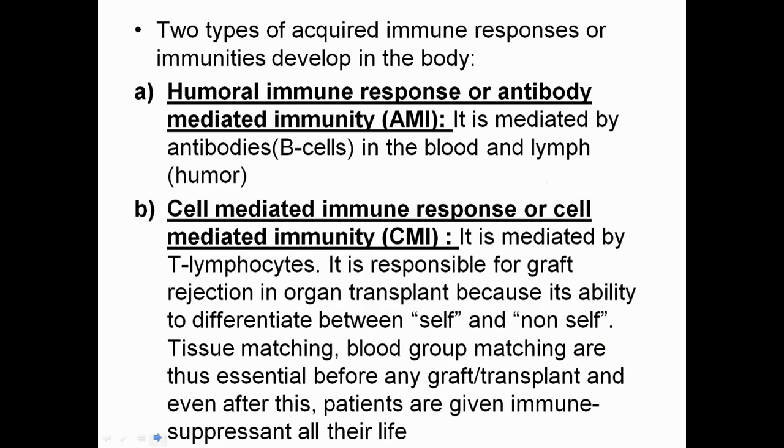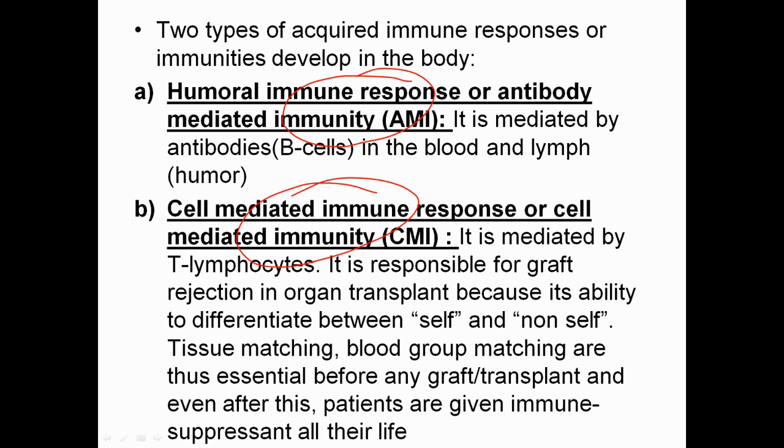Now come to the two types of acquired immunity, that is humoral and cell mediated. Humoral, as the word suggests, you have discussed in the case of the eye, we have the aqueous chamber, vitreous chamber.